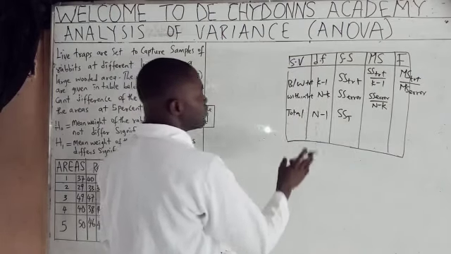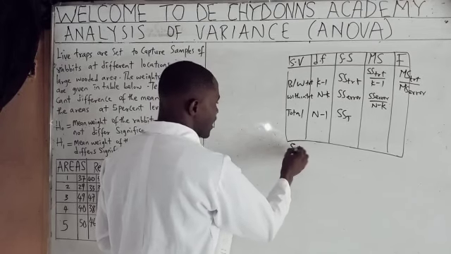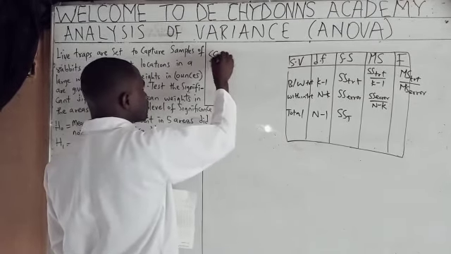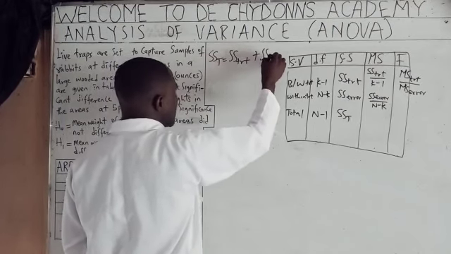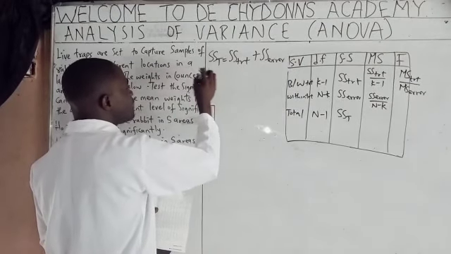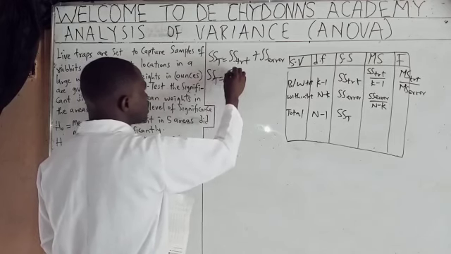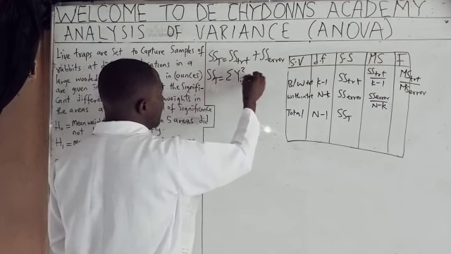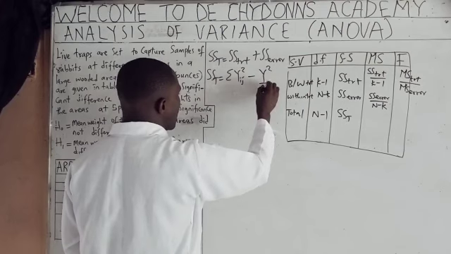Then we said there are important formulas we need here. One, SS total equals SS treatment plus SS error. Then the next one is that SS total equals summation of y squared ij minus y squared all over n.